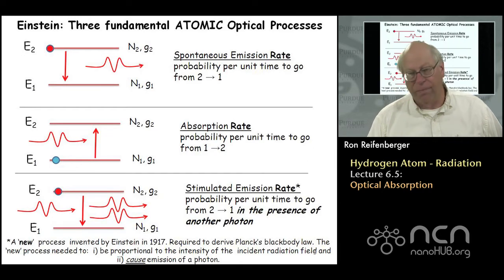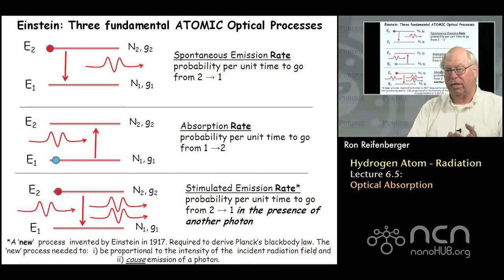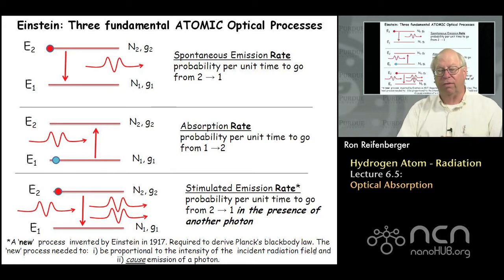It turns out that an analysis of that process is very, very interesting. It was performed with considerable insight by Einstein in and around 1917. What he did is define 3 fundamental atomic processes that are useful to understand this absorption of light.